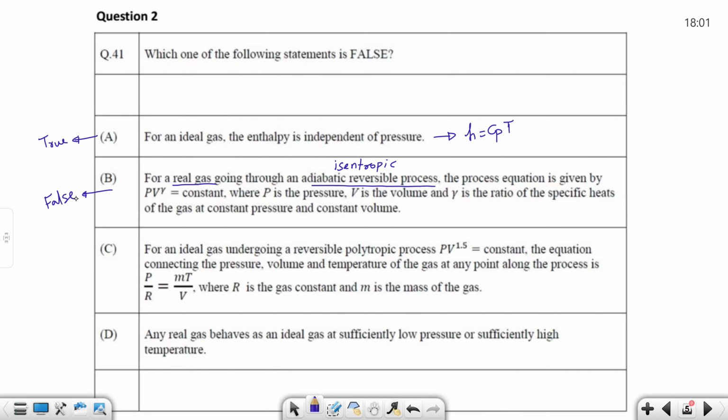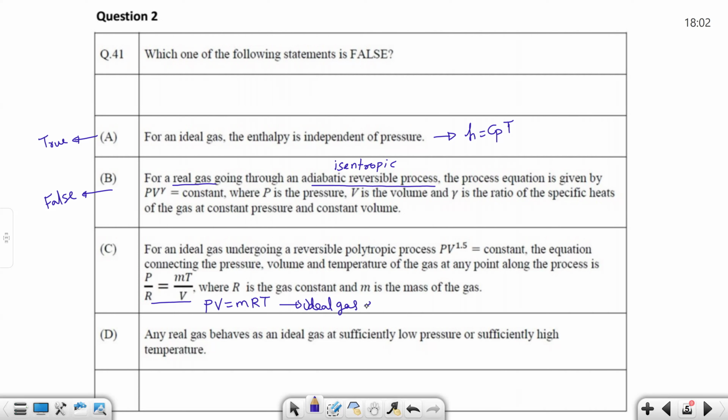For an ideal gas undergoing a reversible polytropic process, PV^1.5 constant. The equation connecting the pressure, volume and temperature of the gas at any point along the process is PV equals mRT, the ideal gas equation.